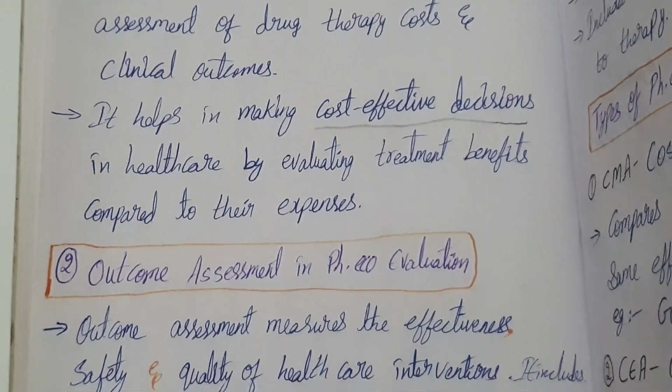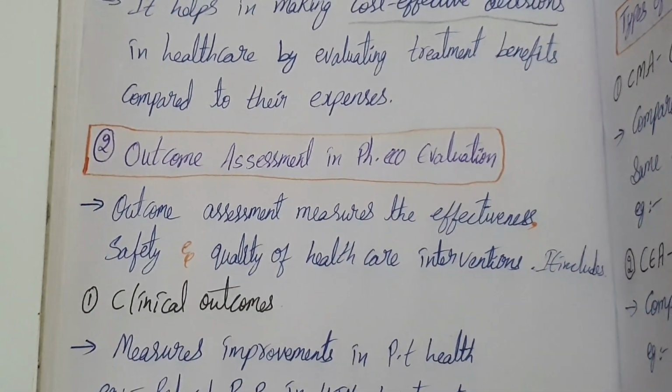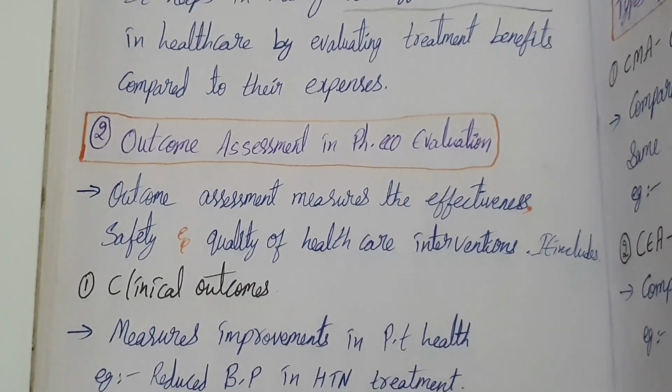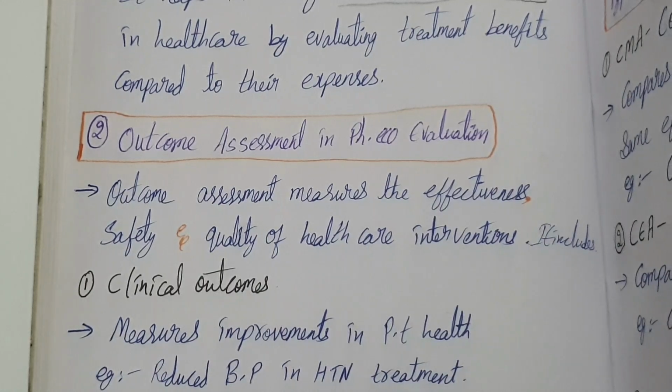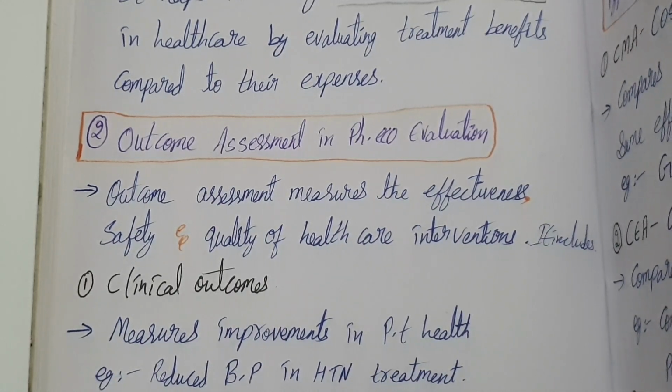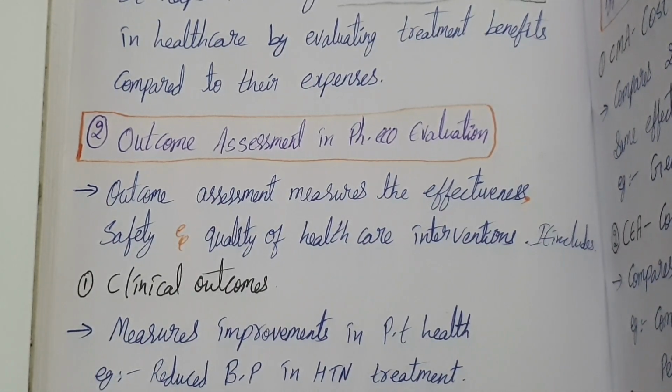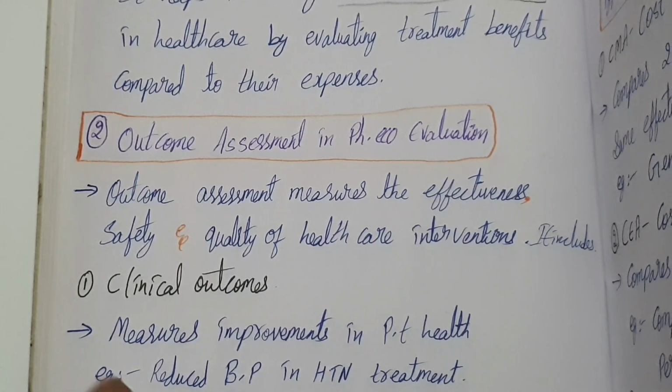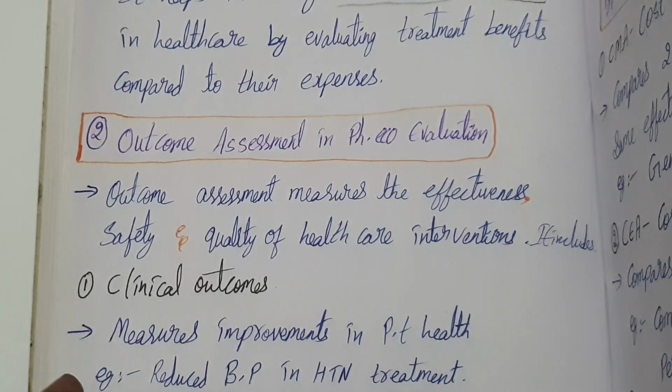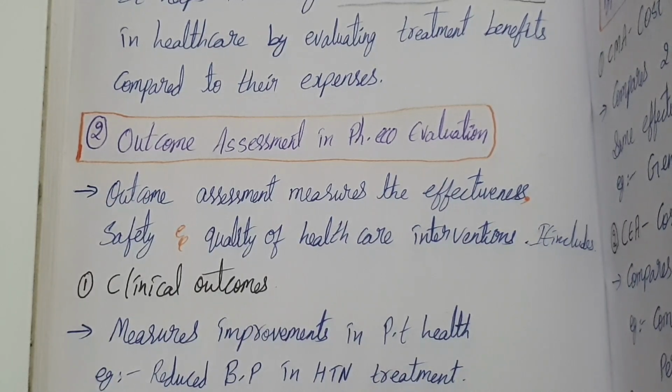So, the outcome assessment of pharmacoeconomic evaluation. When we evaluate treatments, we assess three types of outcomes. First one is clinical outcomes, then we have humanistic outcomes, and the final one is economic outcomes.